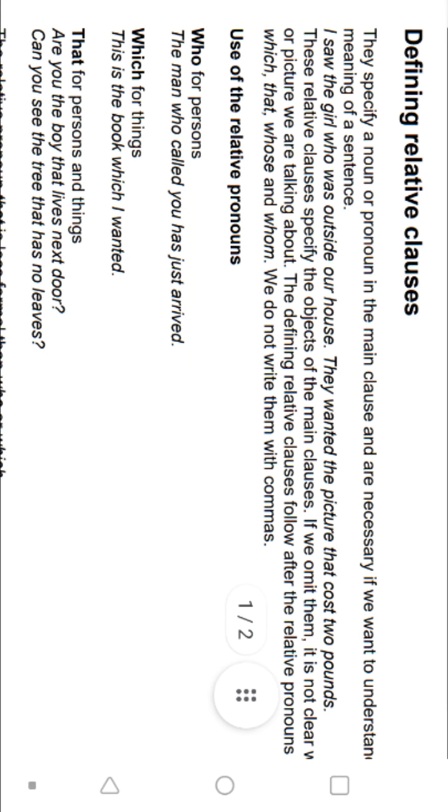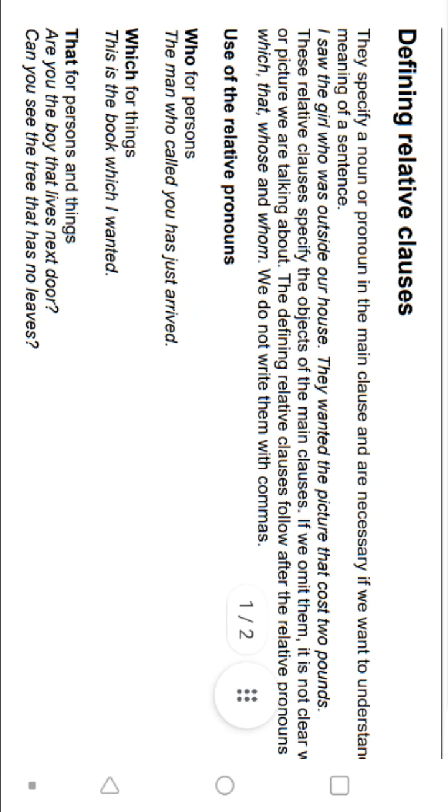Okay, so we have relative pronouns. Relative clauses are adjectival clauses. They play adjectival roles. They define, they specify, they limit or restrict.